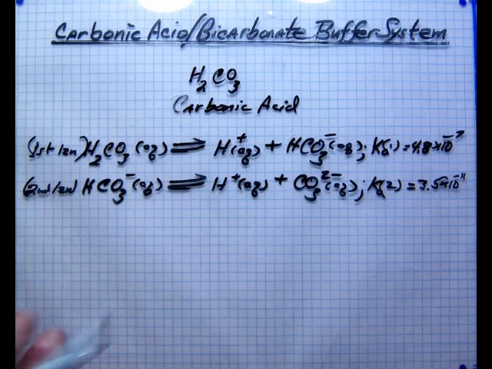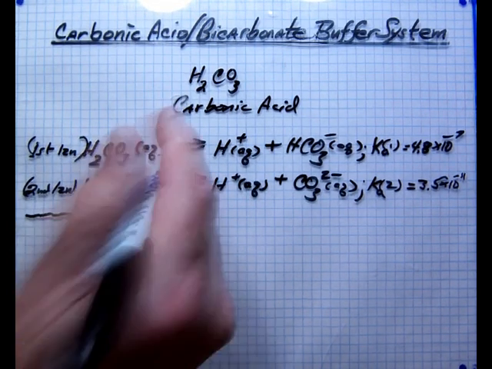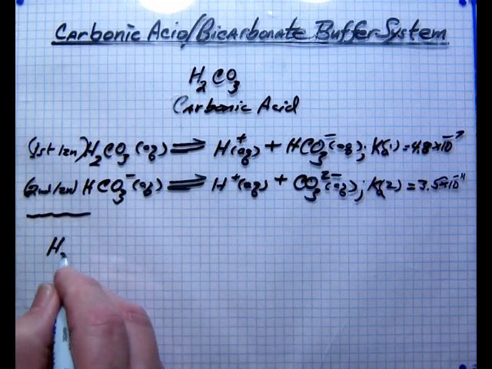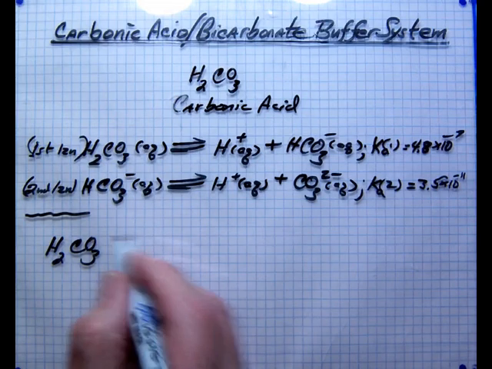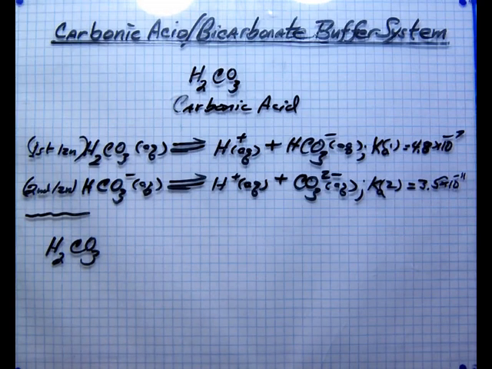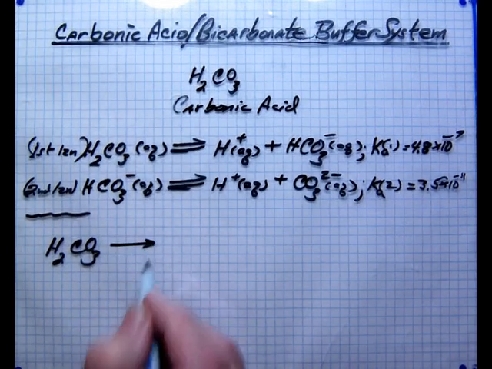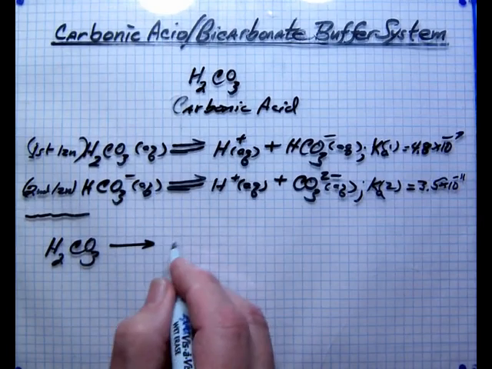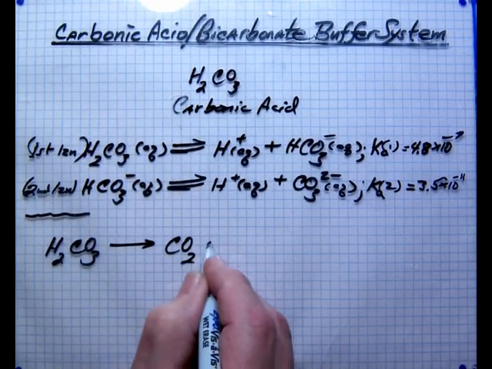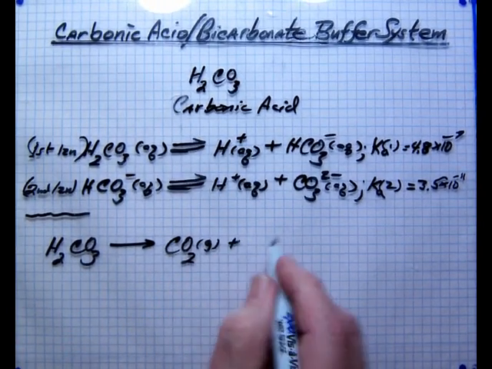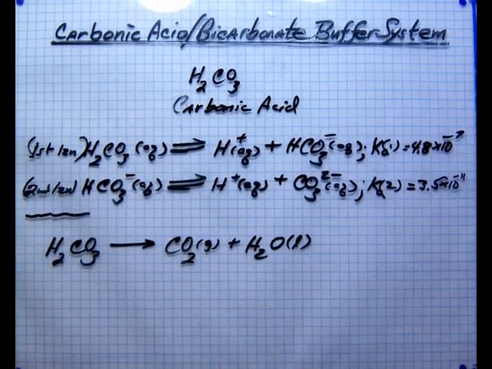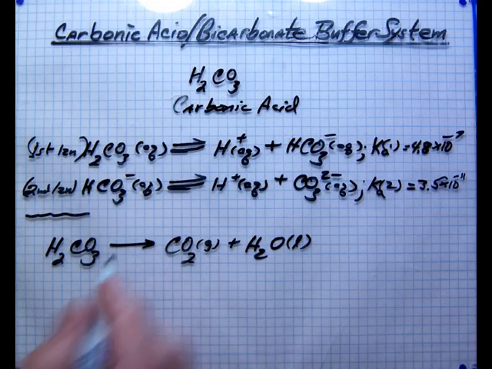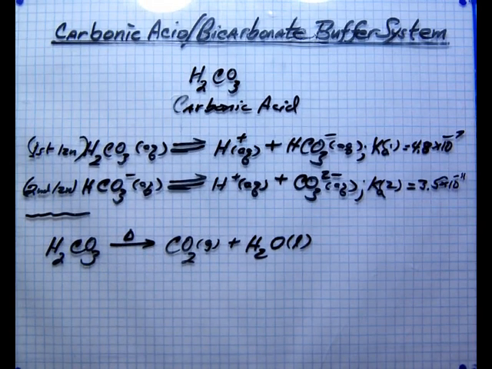And so in a second capacity, H2CO3, if heated, is very unstable in terms of its structure, in that it will break down, decompose into CO2 gas and water, as shown here, with a moderate amount of heat input.